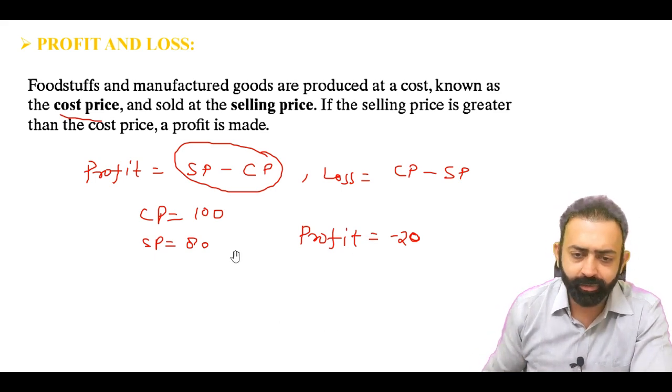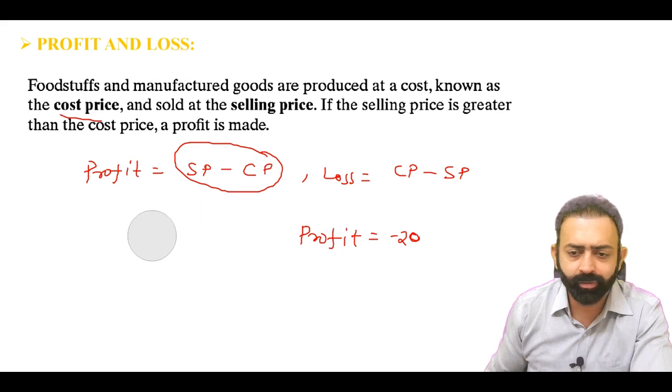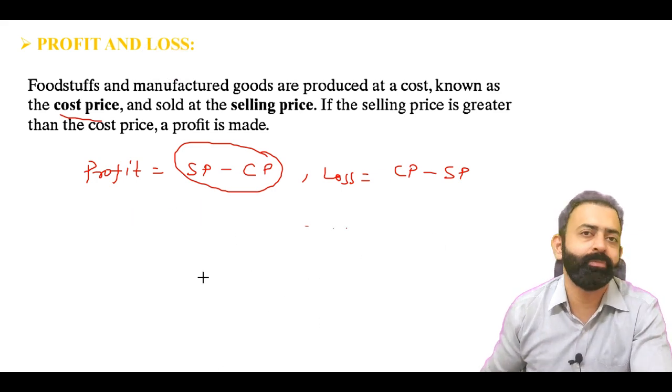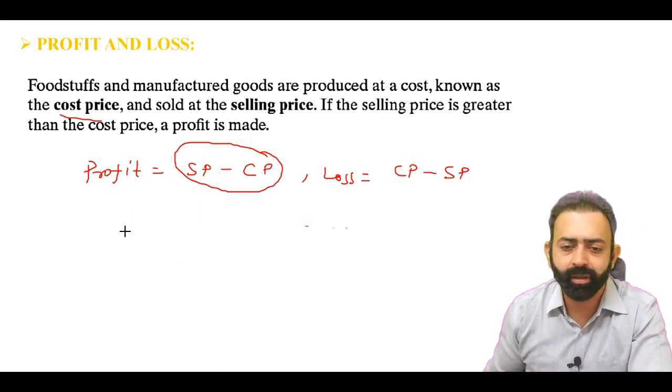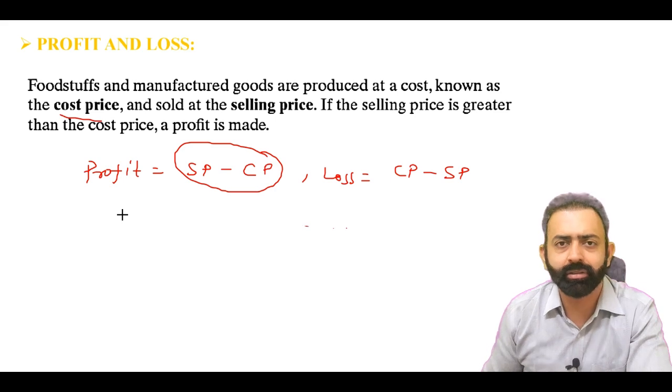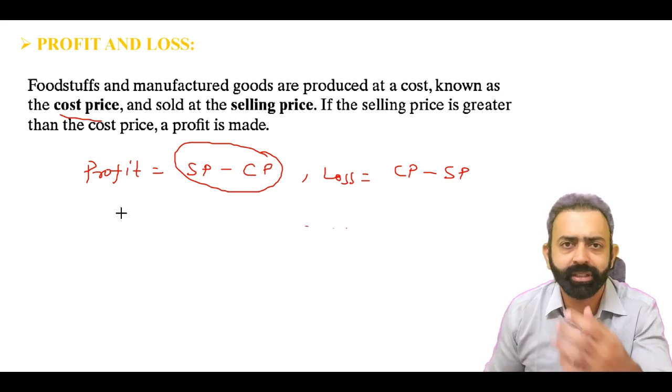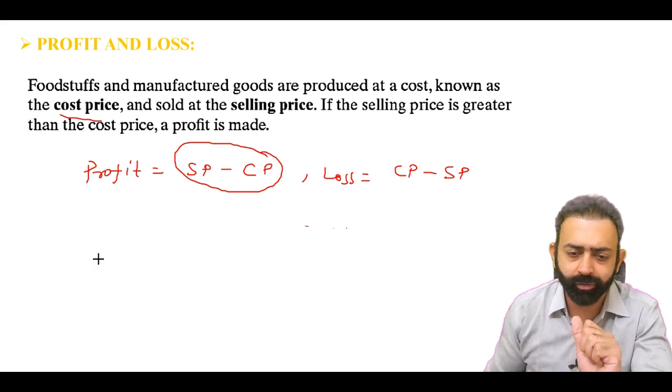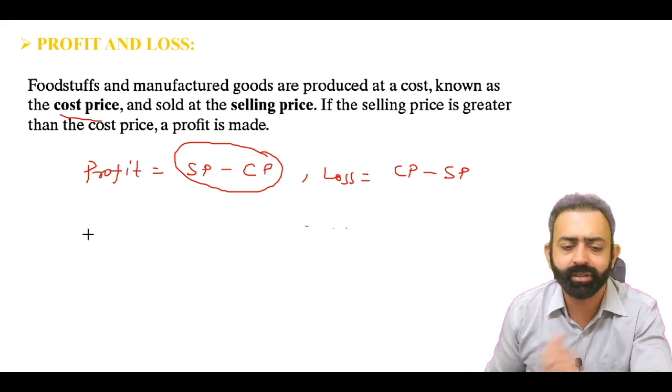Now on the same line, we will use the same single formula for finding out the profit percentage or loss percentage. As far as profit percentage and loss percentage is concerned, the basic concepts of percentage increase or decrease must be kept in mind. So what is a percentage increase or decrease?